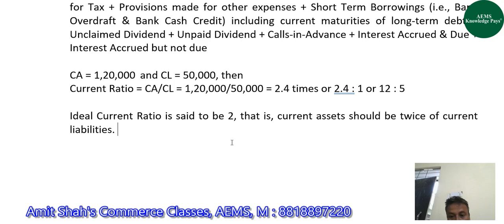Right? Then the next question arises why it is so? Why it should be 2? Why it should not be lesser than or more than 2?